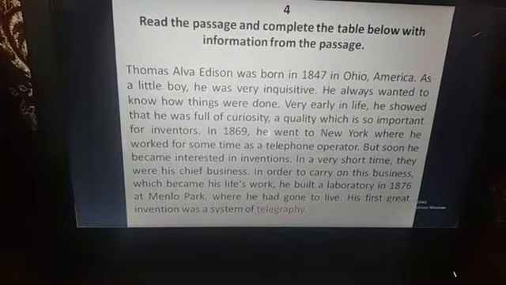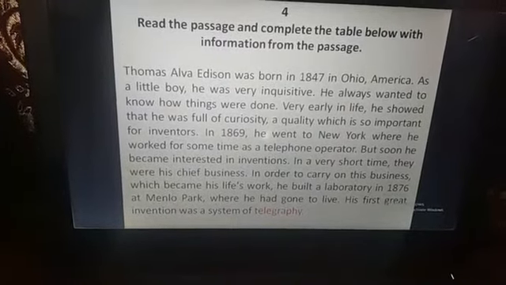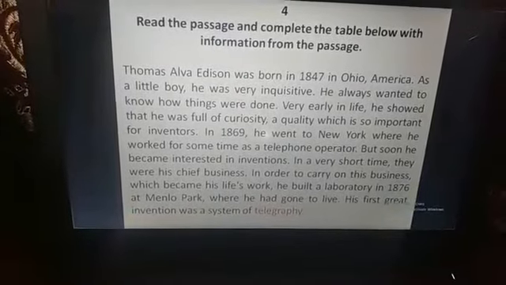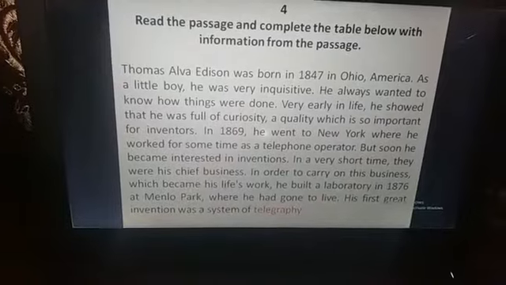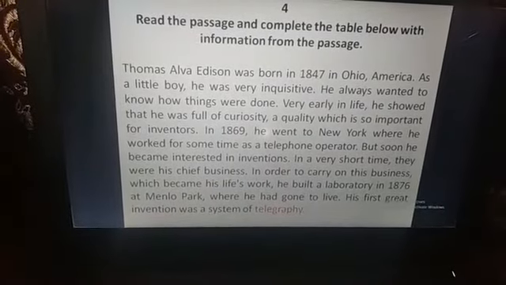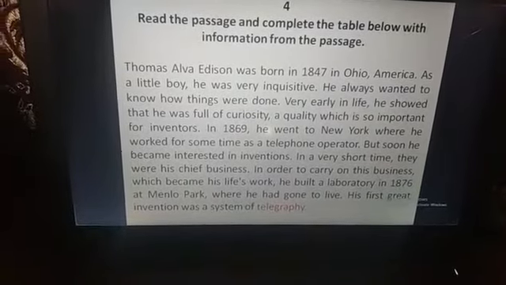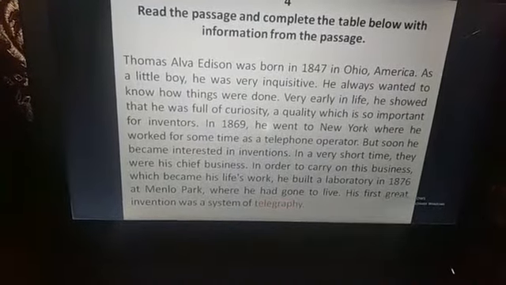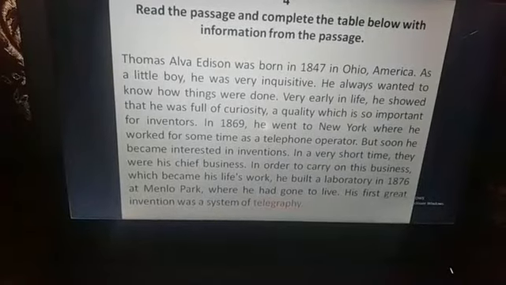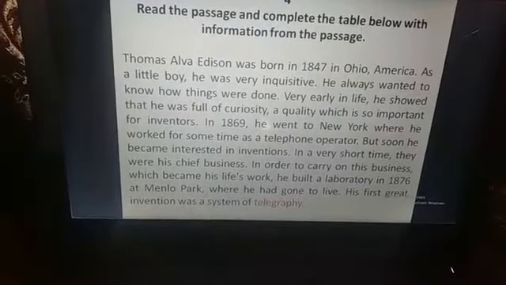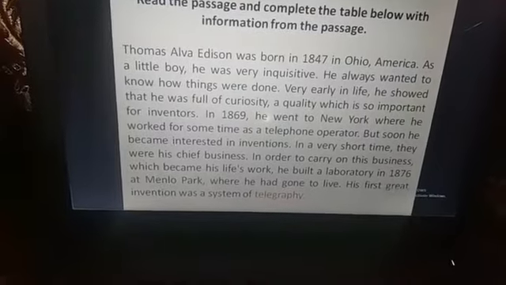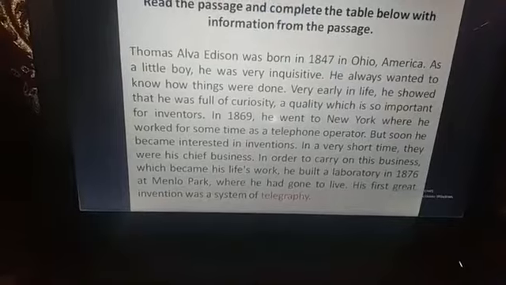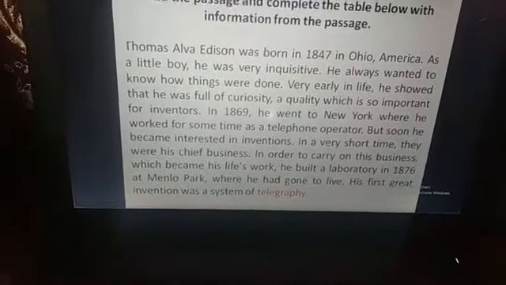In 1869, he went to New York, where he worked for some time as a telephone operator. But soon he became interested in invention. In a very short time, inventions were his chief business. In order to carry on this business, which became his life's work, he built a laboratory in 1876 at Menlo Park, where he had gone to live. His first great invention was a system of telegraphy.